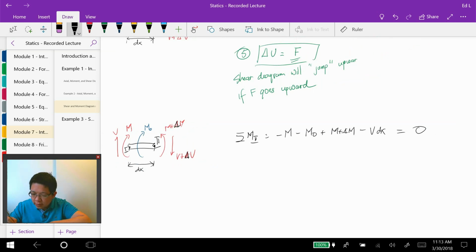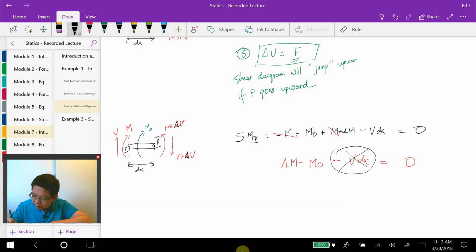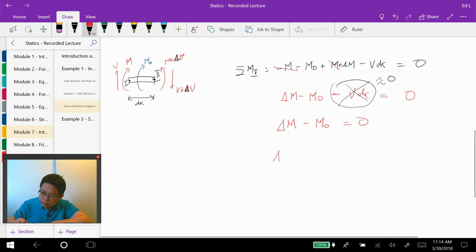With this we can cancel out these two terms, so we have delta M minus M naught minus V dx equal to 0. Since dx is very small, we can neglect this term. Thus we can write our final expression as delta M minus M naught equal to 0, so delta M is M naught.